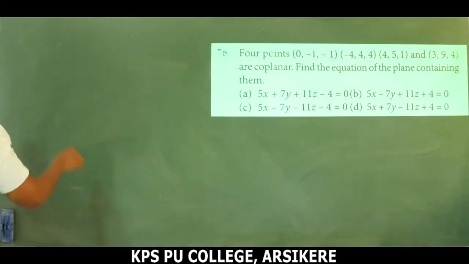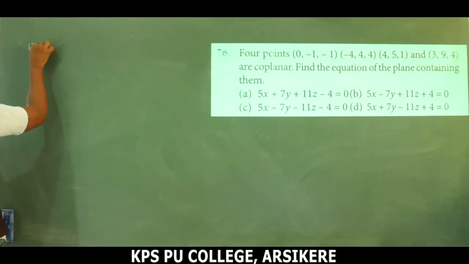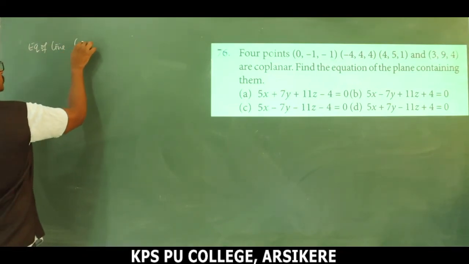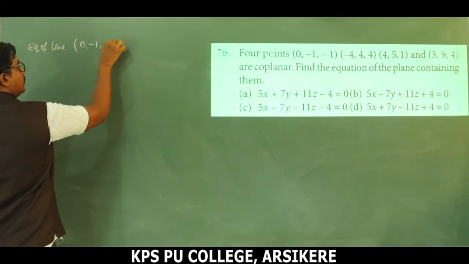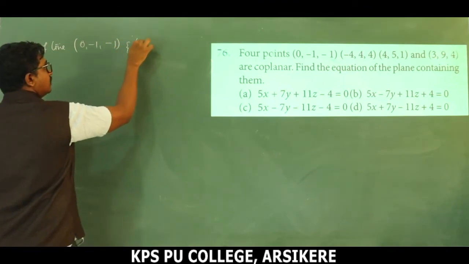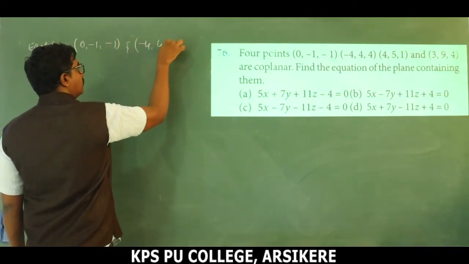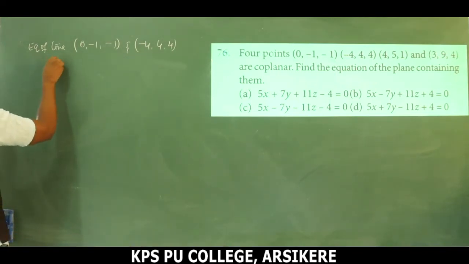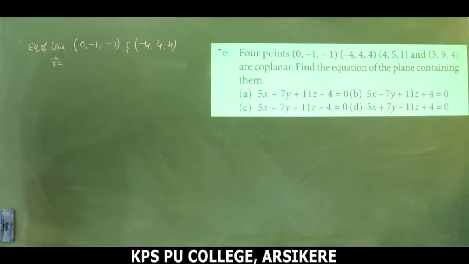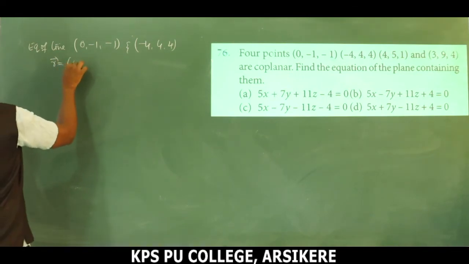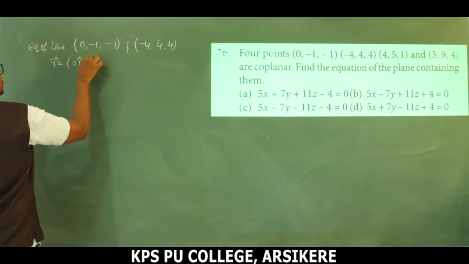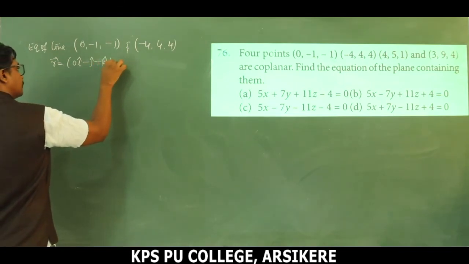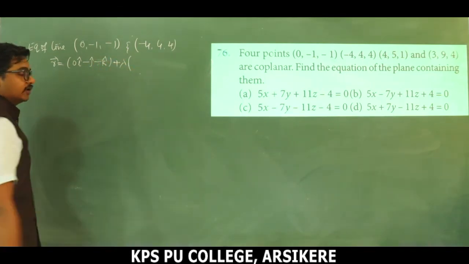Okay. First find the equation of the line passing through the first two points, (0, -1, -1) and the second one (-4, 4, 4). Vector r is equal to 0 i cap minus j cap minus k cap plus lambda into the second one.